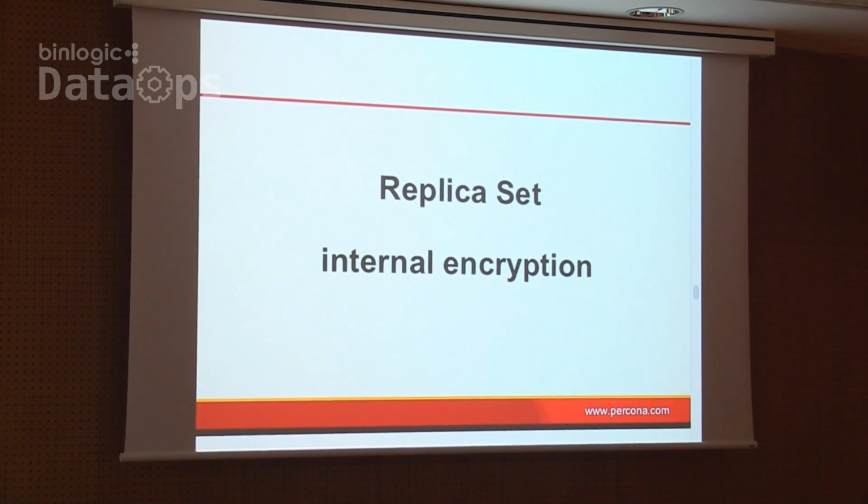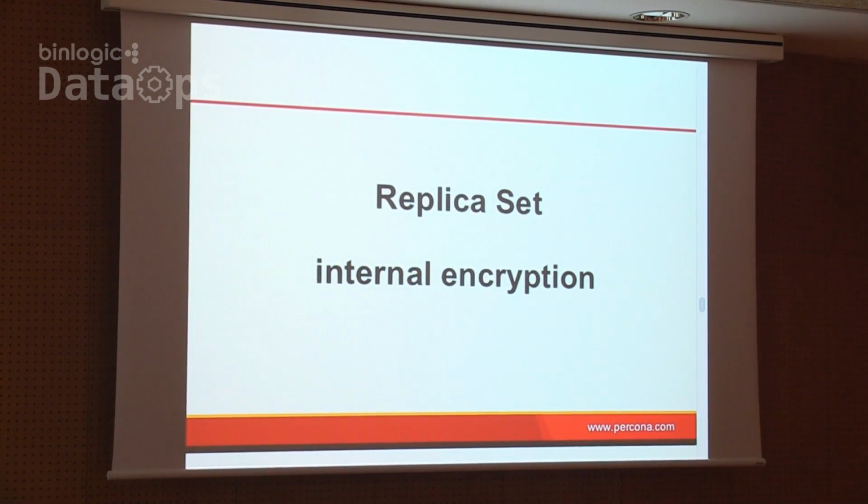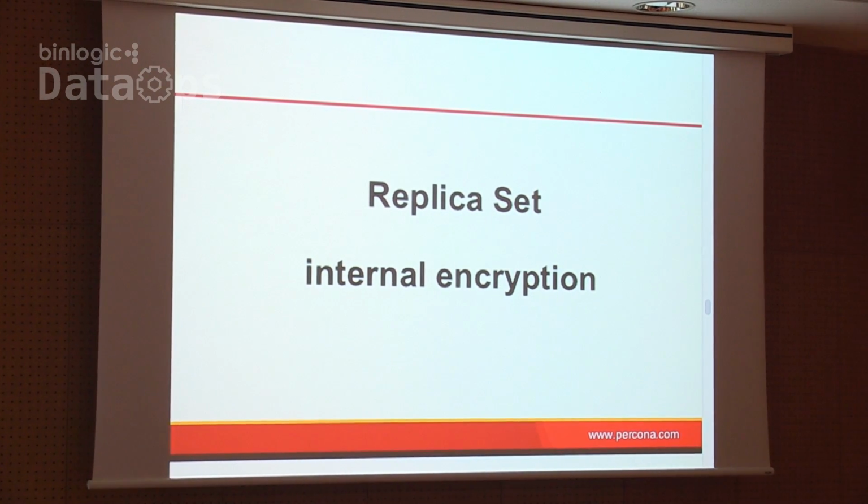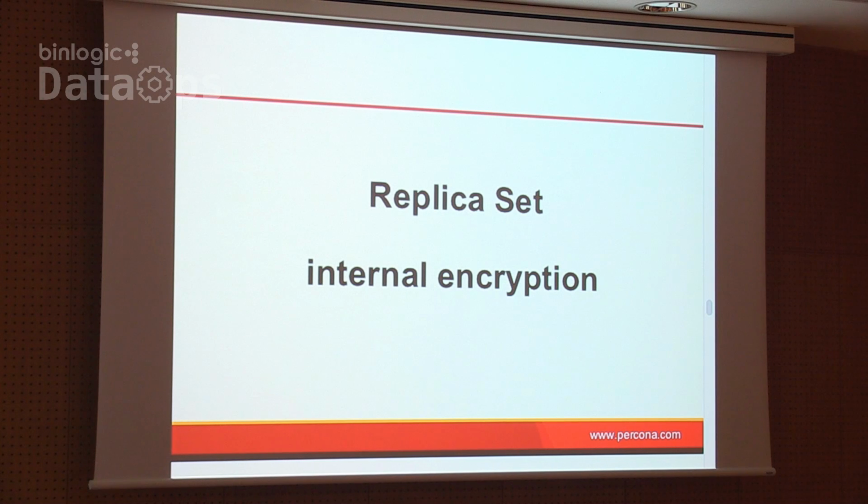So what we need to do now, other than configuring the replica set, is to encrypt the connection between the nodes. This is very important nowadays because, for example, in Europe, we have GDPR. To be GDPR compliant, we have to assure that internal replication is encrypted, because someone could connect to the internal network between the nodes and read data.